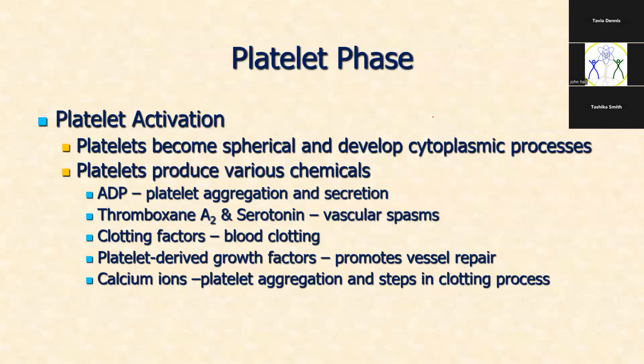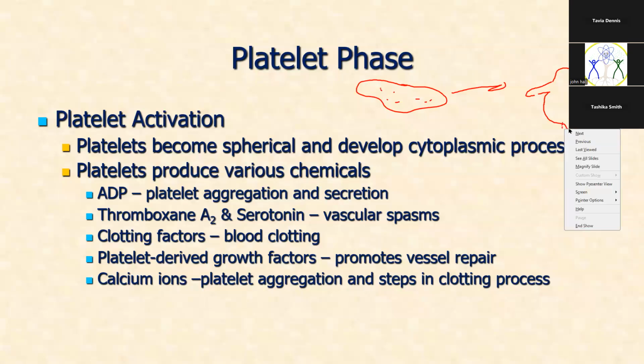So here we go again. It mentions that platelets, once they become active, become spherical and develop cytoplasmic processes. So your platelets are normally sort of flat, right? Kind of like that. And then when they become activated, they sort of look more like this.